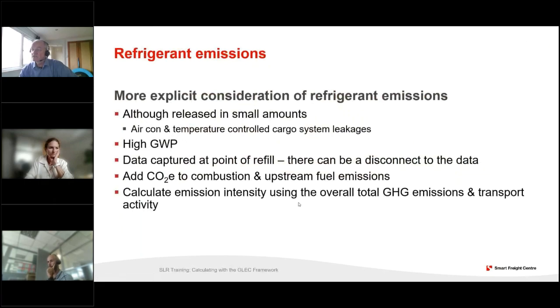Another element which is expressed more explicitly within the ISO and then brought through primarily in the worked examples of the new GLEC framework is refrigerant emissions.